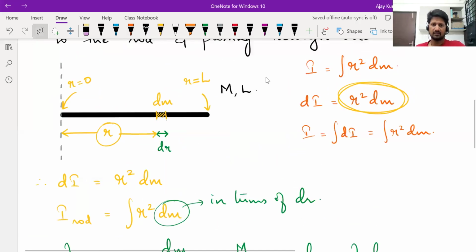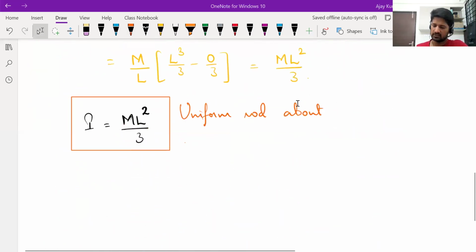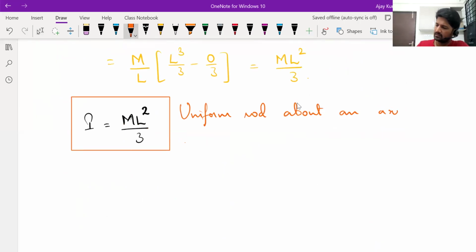Perpendicular to the rod, passing through one end of the rod. So this is the moment of inertia of a uniform rod about an axis perpendicular to the rod and passing through one end.